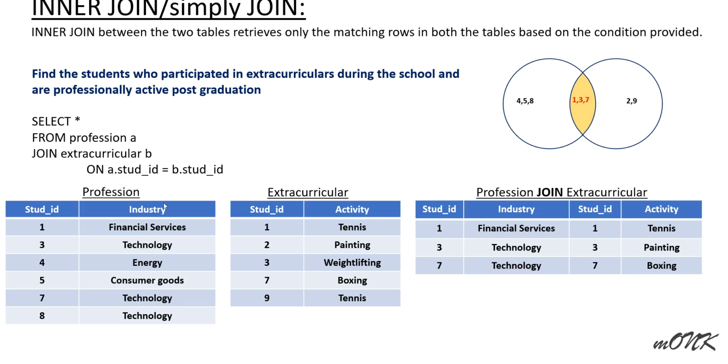You can see after the joining, this is what the output looks like. In the Venn diagram we can see the yellow portion is the record that is being fetched, that is common to both tables, and precisely the record numbers are 1, 3, and 7. So let's jump to pgAdmin and see what this looks like.